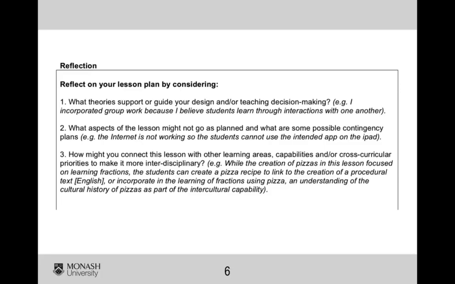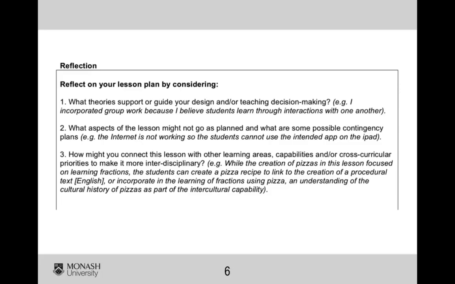And then the interdisciplinary. In the interdisciplinary part, you might actually be referring back to the Victorian curriculum, so maybe to science or to something else. So that's your 3 references. Maybe at least 2 for your theories supporting your design and teaching decision making, and then linking back to other parts of the curriculum would be number 3.